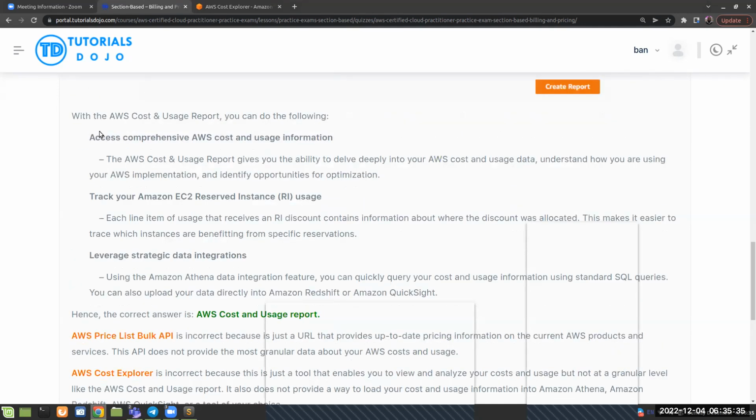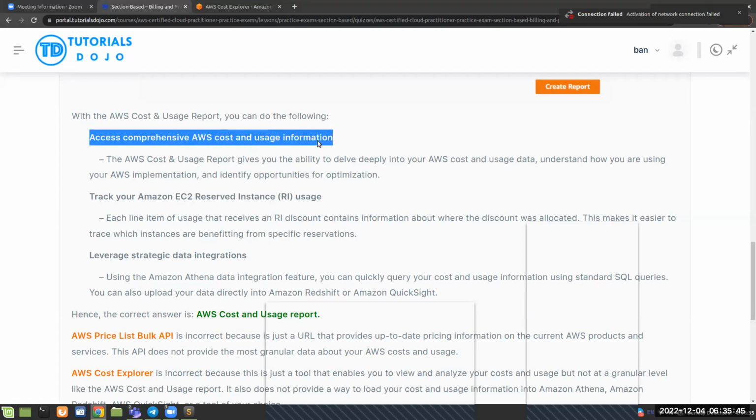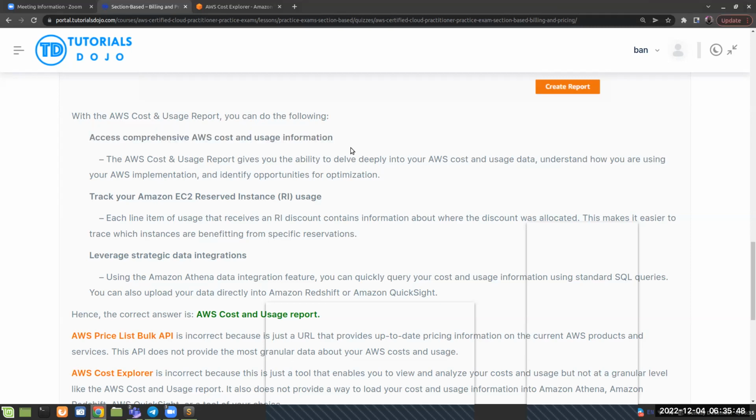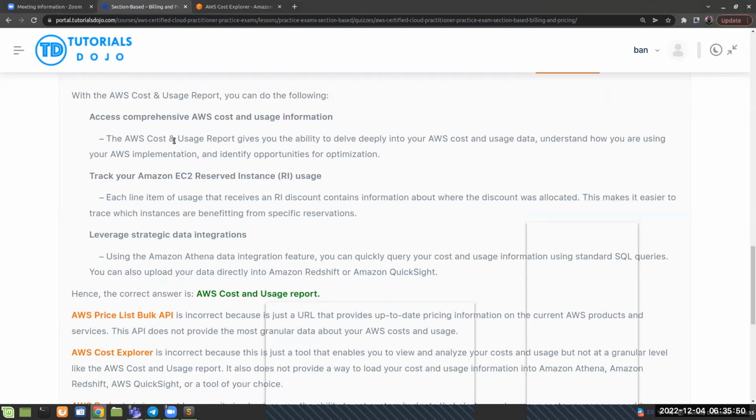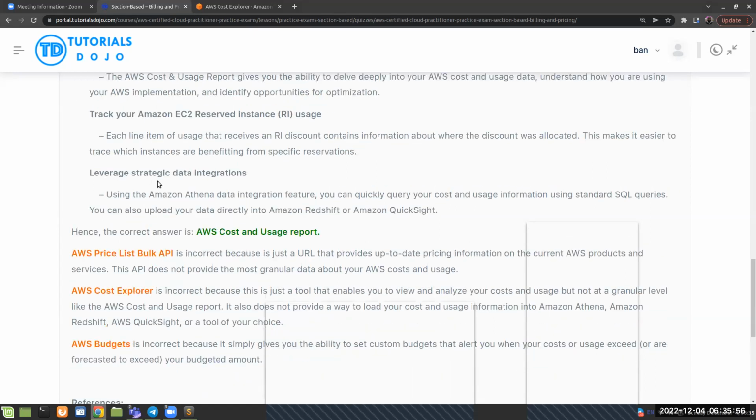And then the key things that you can do with the cost and usage report, as you see: track your Amazon EC2 reserve instance usage, and access comprehensive AWS cost and usage information. You may have questions that are asking one of these, or you may have a question that will ask for two things that you can do with the cost and usage report, right? And then the other one is leverage strategic data integrations. So as I was just saying, using the Amazon Athena data feature, Redshift and Amazon QuickSight.